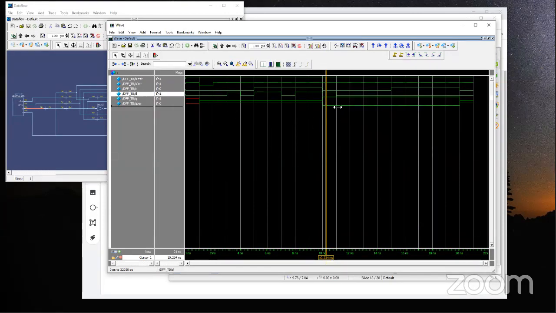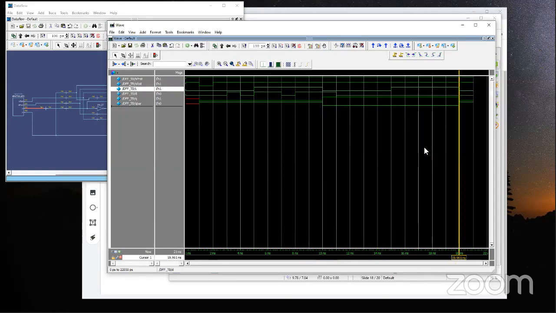And then it holds on to that until the next negative edge, where D is 0. After that point, Q becomes 0. So it is following D at the negative edge of the control signal, or clock signal in this case, for this component. Make sense? Any questions, anybody?